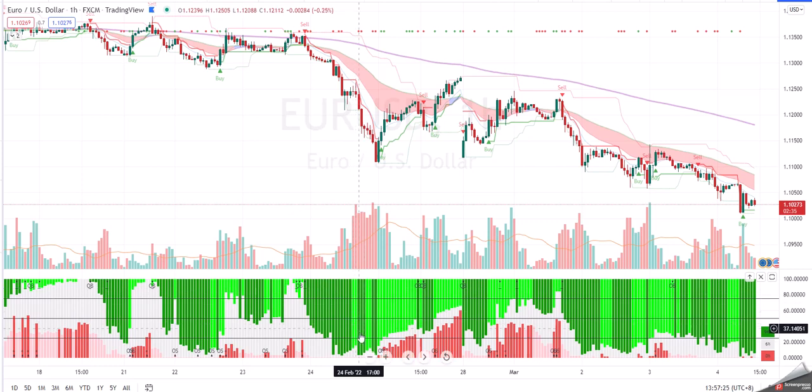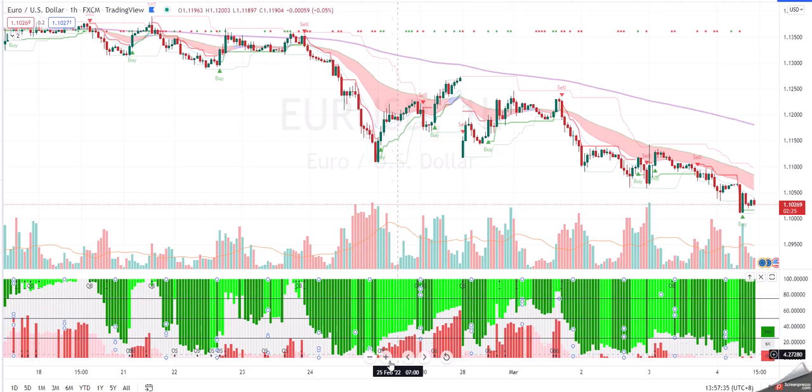When the green bar turns light, the selling pressure is at ease, meaning it is going away. At the same time, the bankers' bar is increasing, meaning buying interest is coming in.